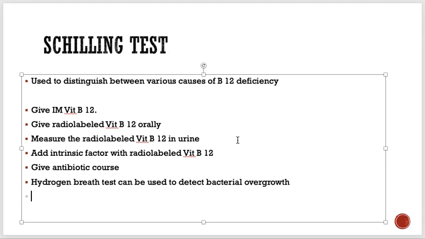Okay, so this is the basis for these tests, and it is easy to understand, not hard, guys.